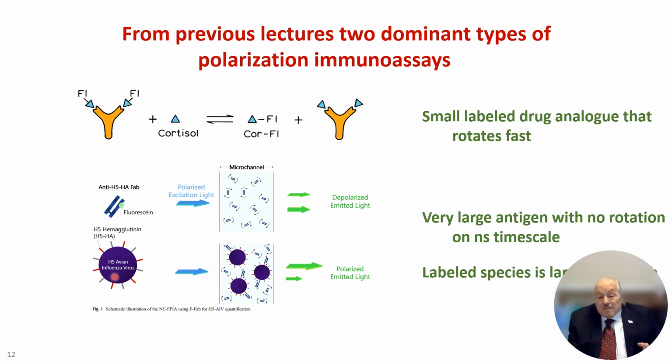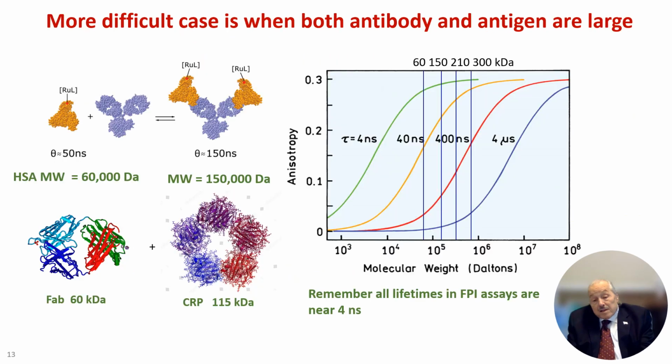It's binding to a very large virus. So of course, you can slow down the rotation of this very large protein when it's binding to a virus. So we've been talking about these two types, and they're always using the same fluorophores. You might remember the slide I showed where they're always using a rather selective group of fluorophores.